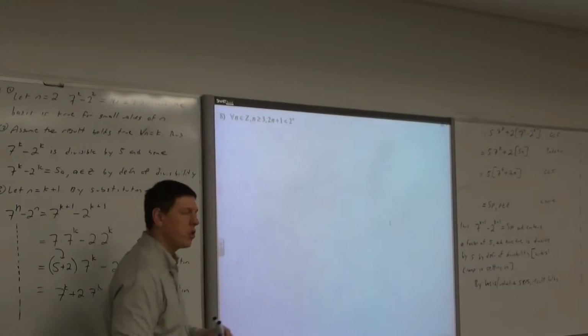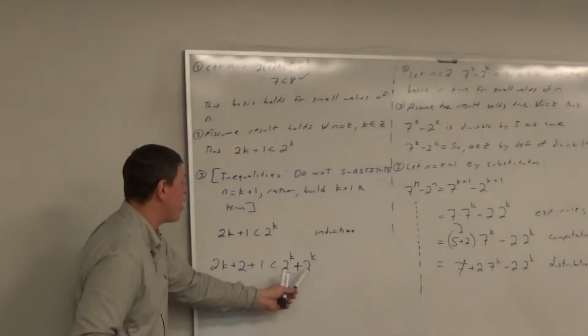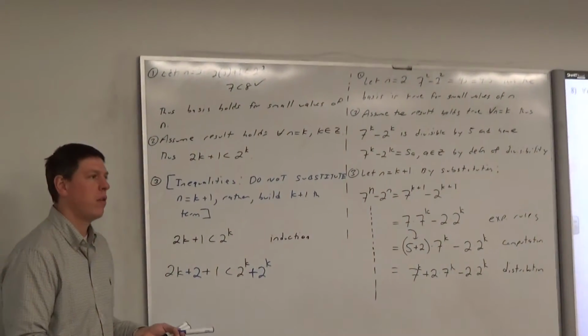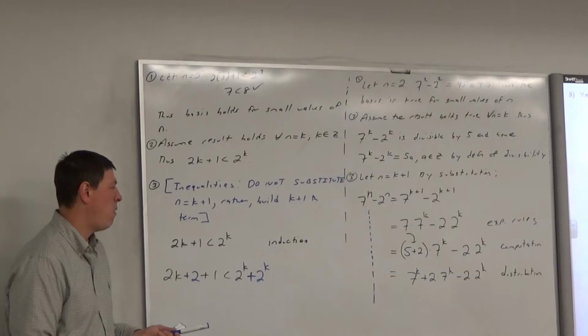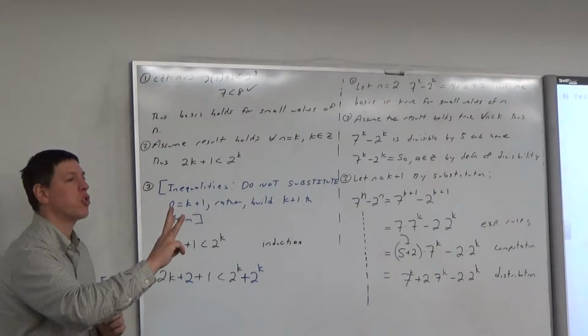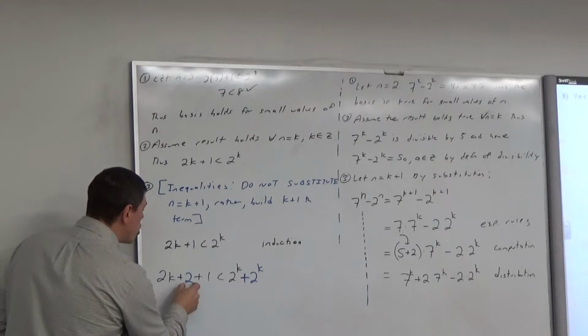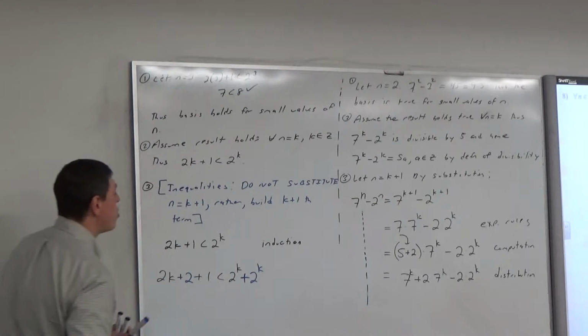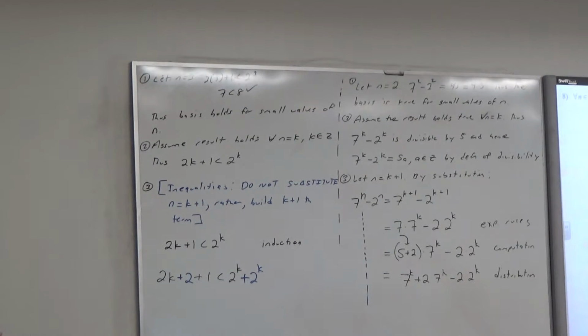That's true, right guys? Because what's the smallest value that 2 to the k could be? 8 for this one, because k is at least 3, right? So I know that 2 is less than 2 to the k for all k bigger than or equal to 3. And that's our domain restriction. So that's my justification as to why I can do that.